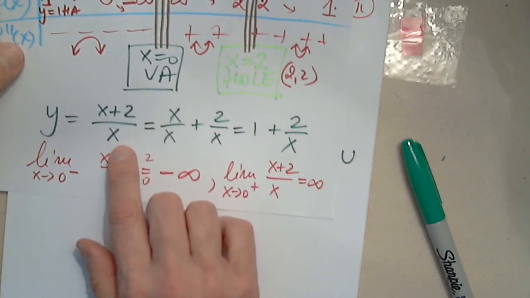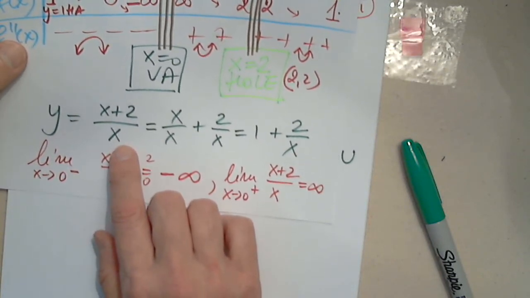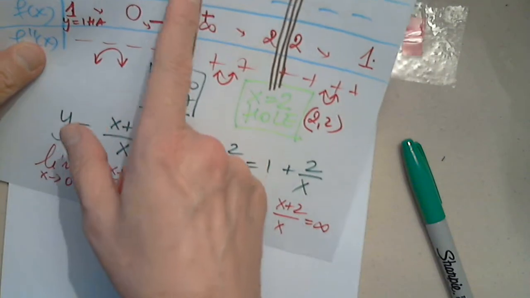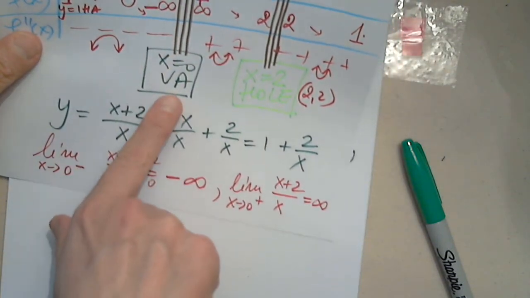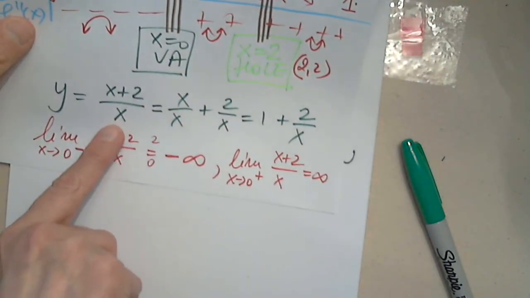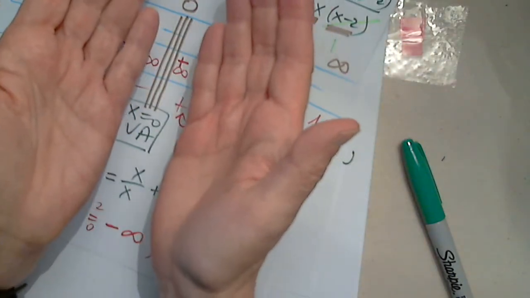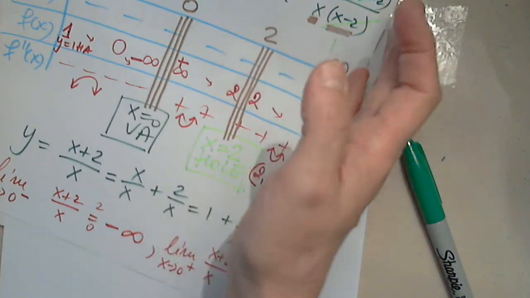So if you remember in chapter 2, we talked about vertical and horizontal asymptotes. So when I conclude that this is a vertical asymptote, because the function is undefined at 0 and the factor stays, then I have to immediately find the limits left and right of the vertical asymptote.